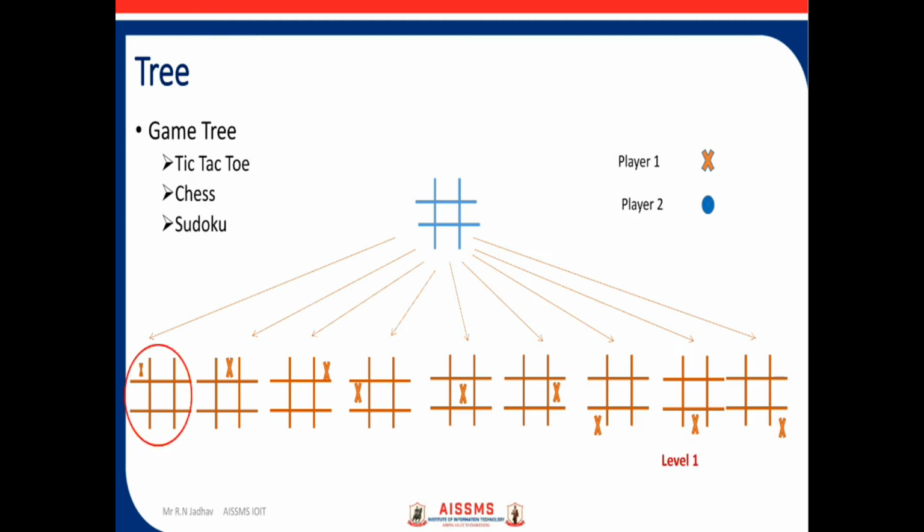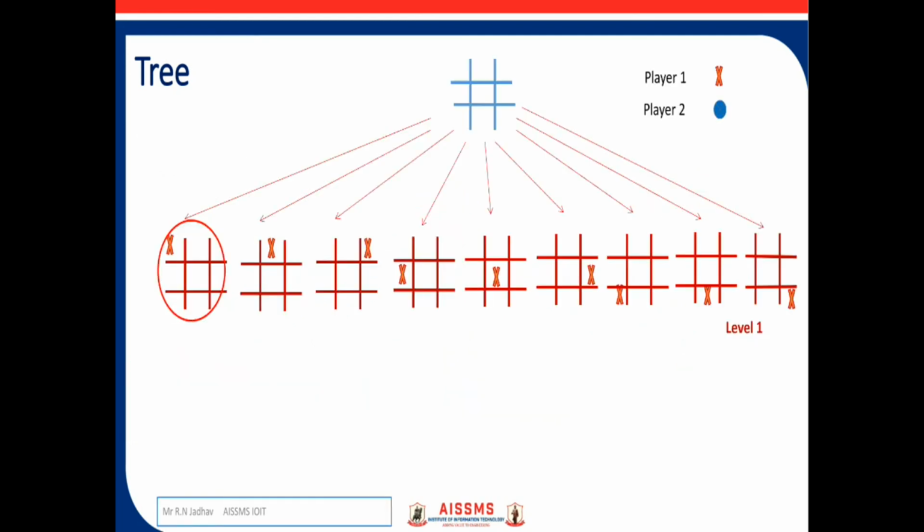Now here each node is representing a state of a game. Now let us assume player 1 has put a cross in the first left corner which is shown. So this completes level 1. Now in level 2, player 2 will get a chance to have his move. So what are the now different possibilities for player 2?